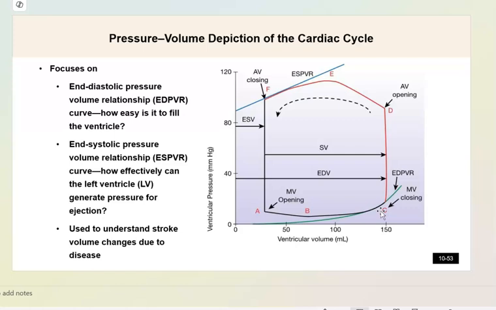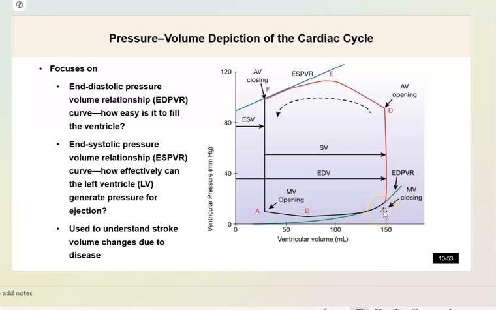At this point, then, the ventricular pressure rapidly builds, but the volume does not change. Right? So this was the volume of 0 up to like 150 milliliters. So then our mitral valve closes, and this is our end diastolic pressure volume relationship here.